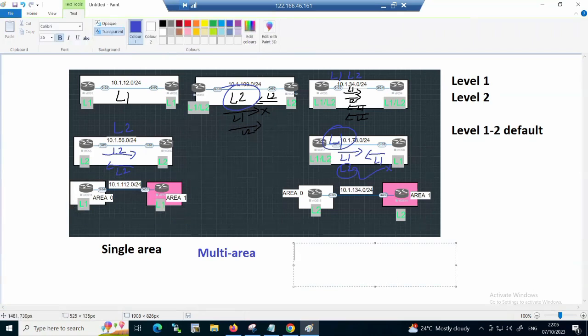Listen to me carefully. Between the 2 different areas, you only have Level 2 neighborship.